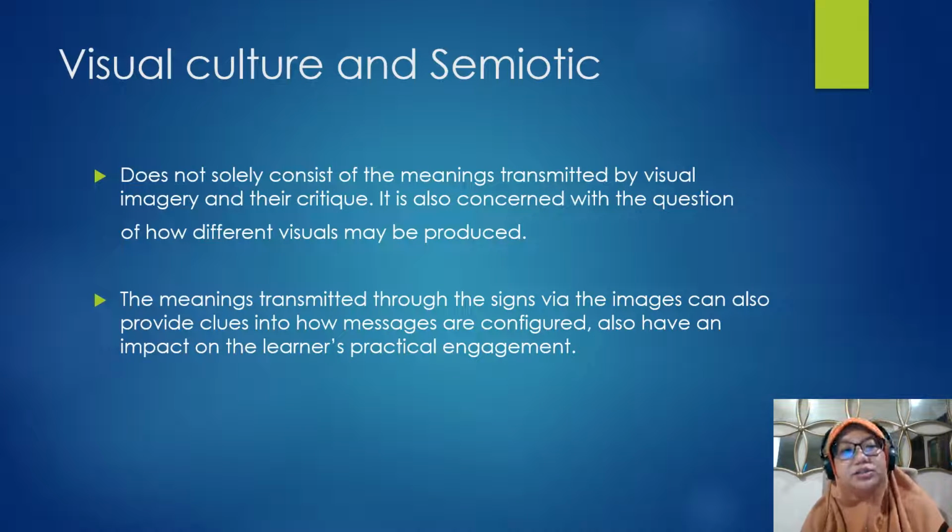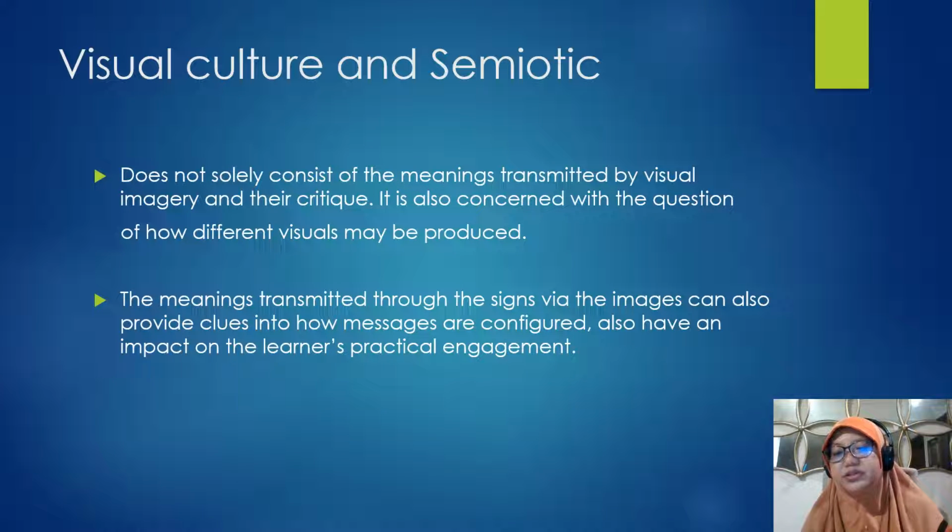Now, in connection to visual culture and semiotic theory, I can conclude that meaning does not solely consist of ideas transmitted by visual imagery and their critique. It is also concerned with the questions of how different visuals may be produced.